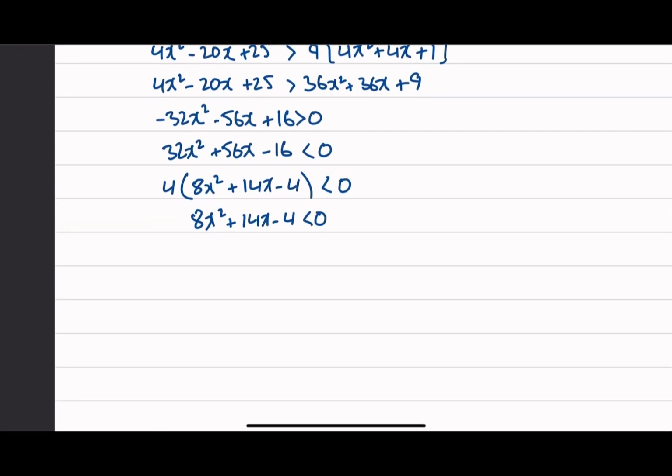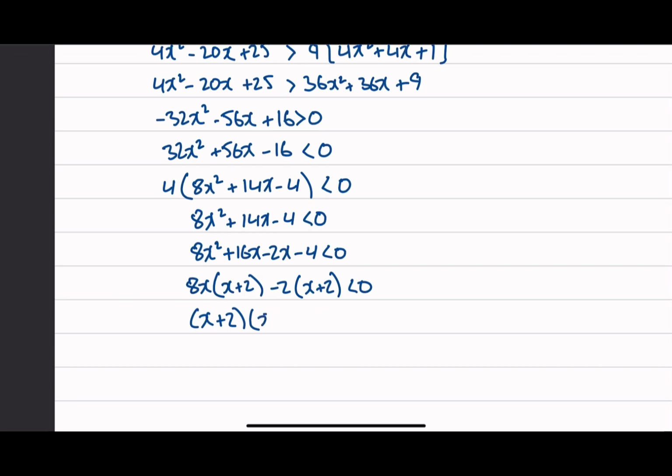8x squared plus 14x minus 4 is less than 0. And you can use middle term breaking to solve this inequality, so that 8x squared plus 16x minus 2x minus 4 is less than 0. Now factorize, so that 8x bracket x plus 2 minus 2 bracket x plus 2 is less than 0, and we're left with (x plus 2)(8x minus 2) is less than 0.